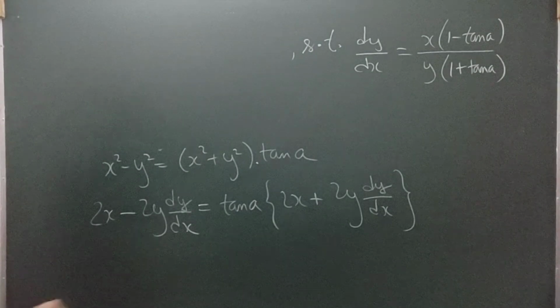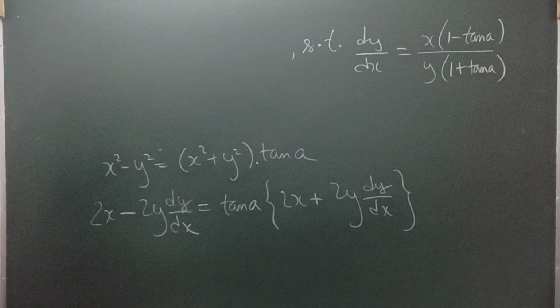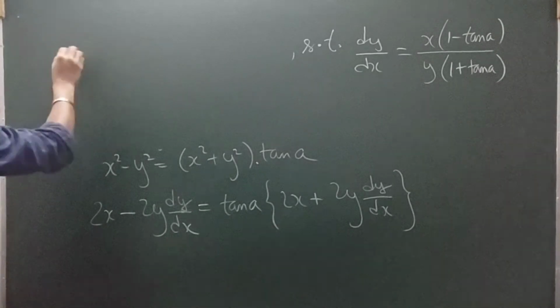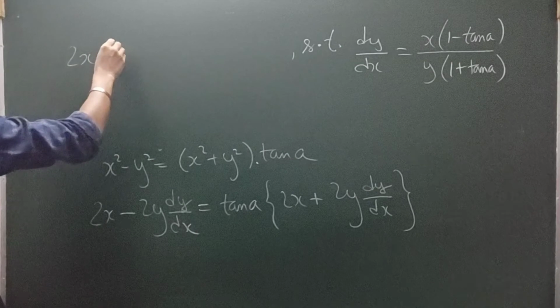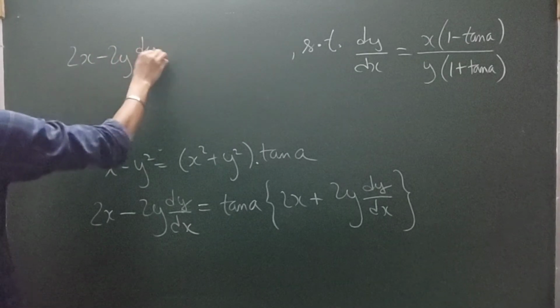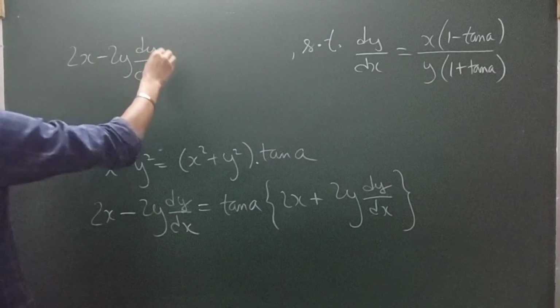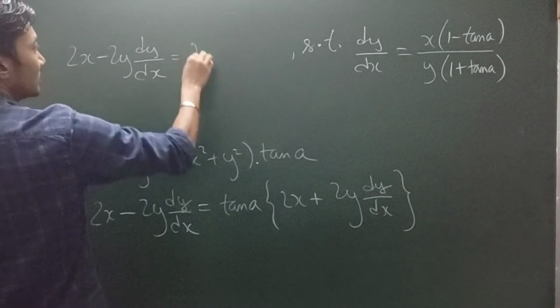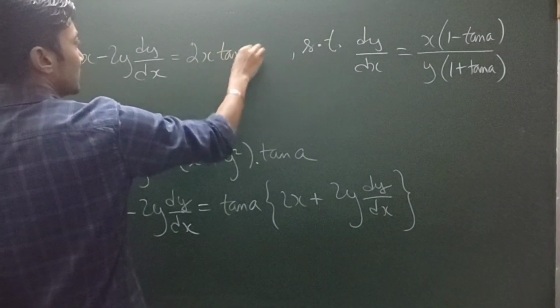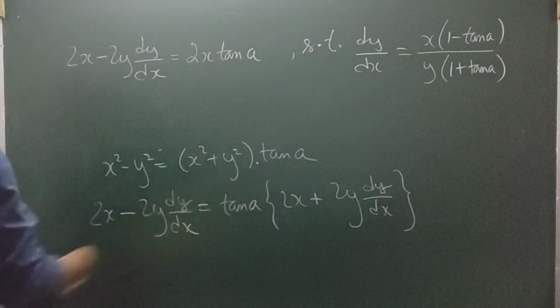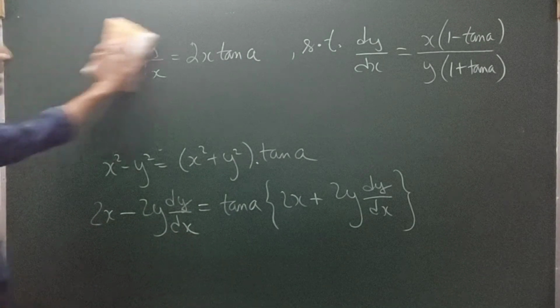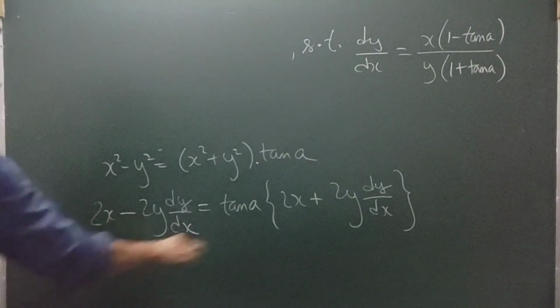So now let's arrange this a little bit and find dy by dx. So that's going to be 2x, 2y dy by dx is equal to 2x tan a. Of course, we can cancel the common 2.